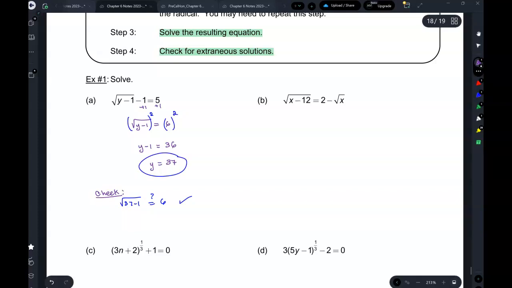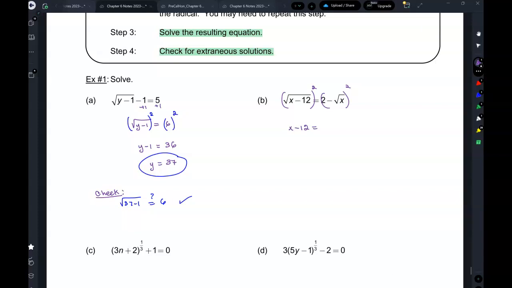Now the next one, I have two radicals, right? It's fine as long as I only have one on each side of the equation. So right here, I'm going to square this and I'm going to square this. So when I square the left side, I just get x minus 12. When I square this side, remember it's the 2 minus root x, squared.